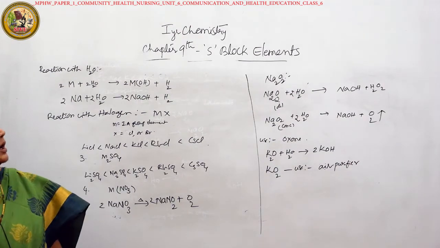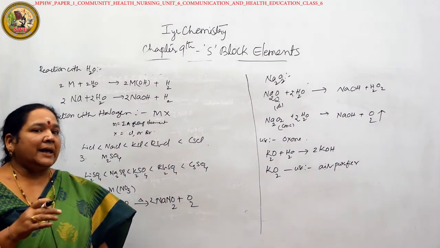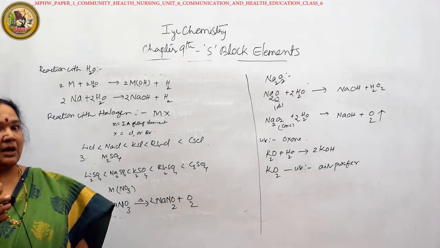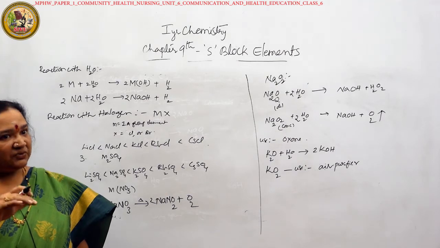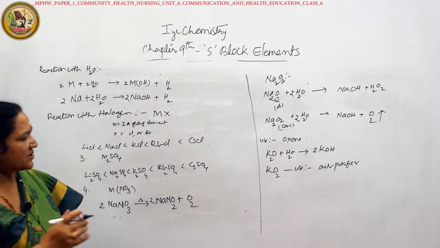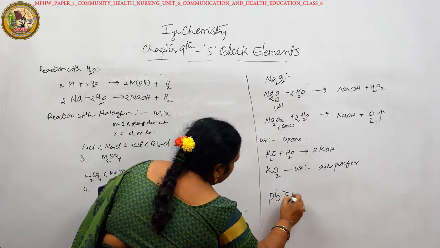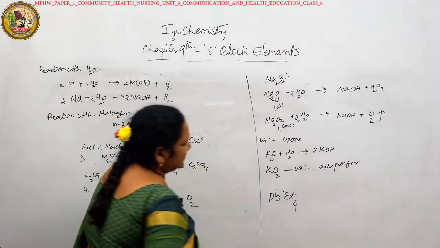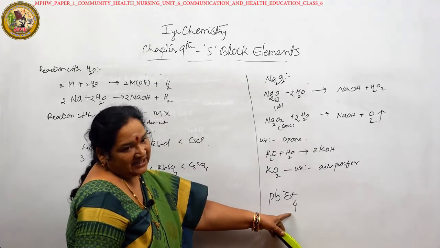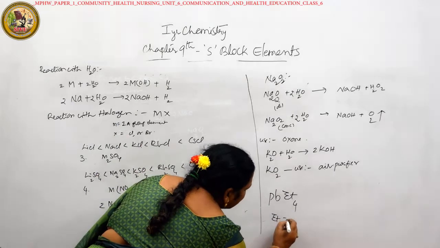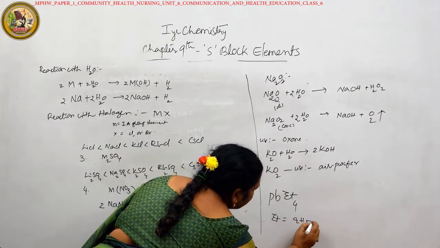Sodium is also used not directly but in the form of its compounds, like sodium lead alloy. Sodium with lead alloy is used in the preparation of tetraethyl lead, Et4Pb. Et means ethyl group, C2H5.